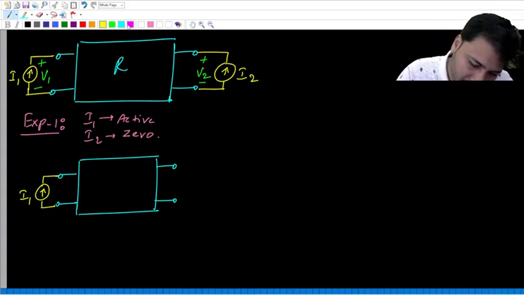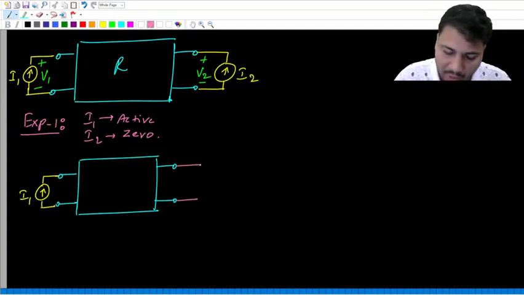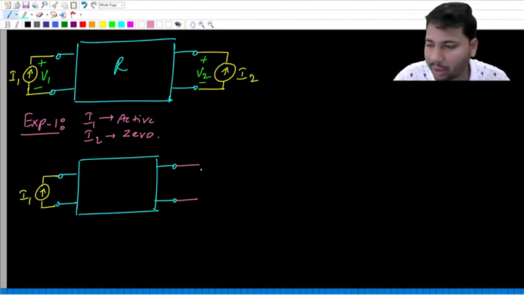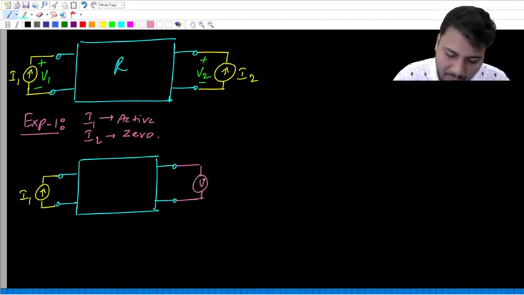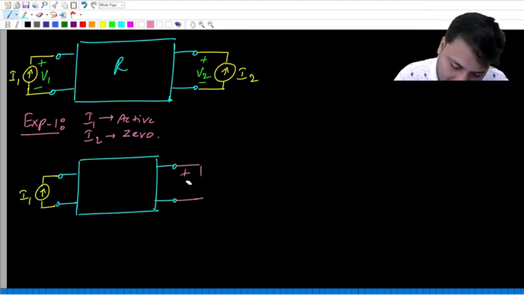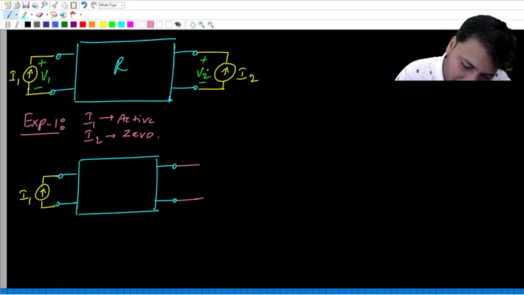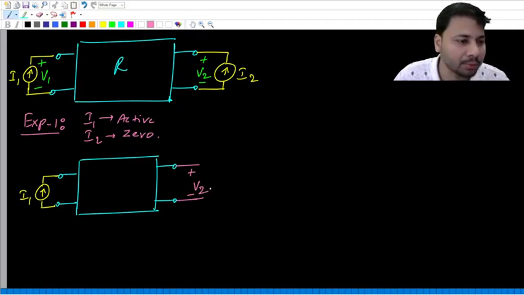When you make it 0, it becomes an open circuit. And always across an open circuit you can measure the voltage drop by connecting a voltmeter, which will act as an open circuit. That voltage drop polarity is the same as the original polarity, which is V2.